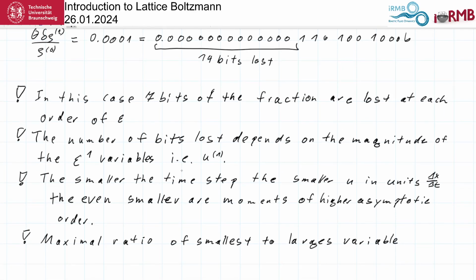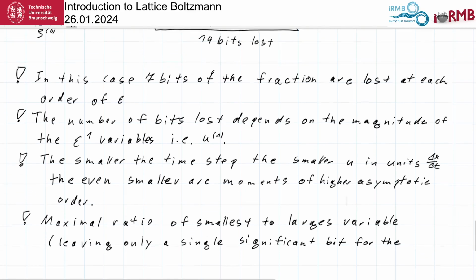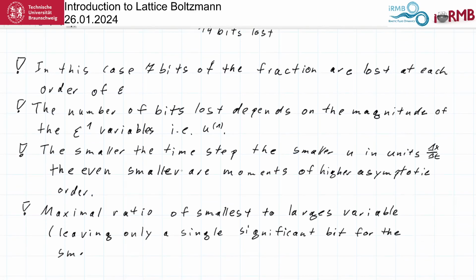So if the smallest variable is represented by a single bit, it's up to you to think whether this makes any sense. But say the smallest variable is just a single significant bit for the smallest variable.